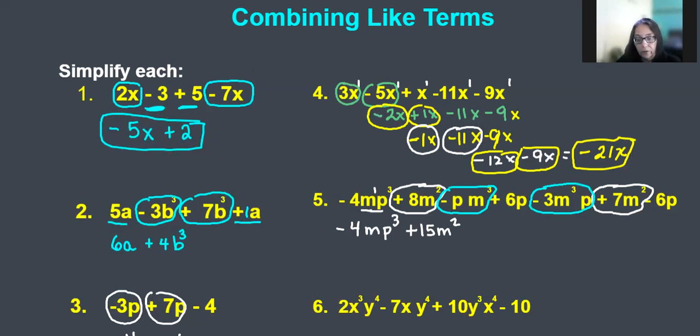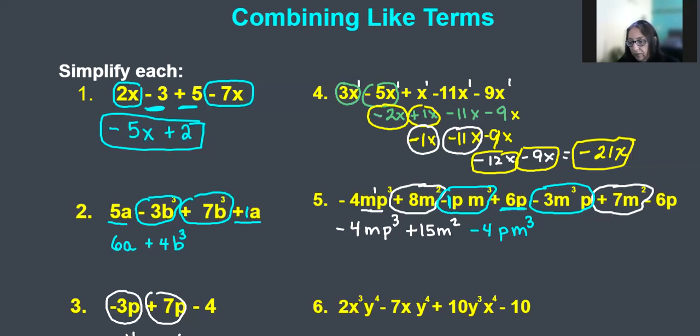If you need to put the 1 there, go ahead. -1 and -3 is -4. So I've got a -4 p m to the third. And it doesn't matter if you put the m to the third first or last. It's the same thing.